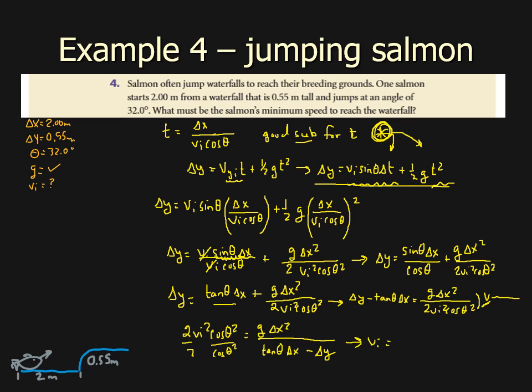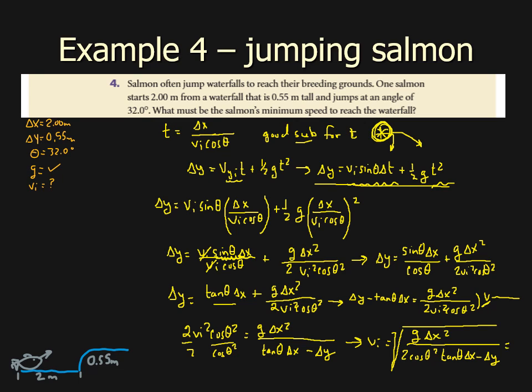So VI equals the square root of g delta x squared, or just delta x, I guess, divided by 2 times the cosine of the angle squared times the tangent of the angle times delta x minus delta y.